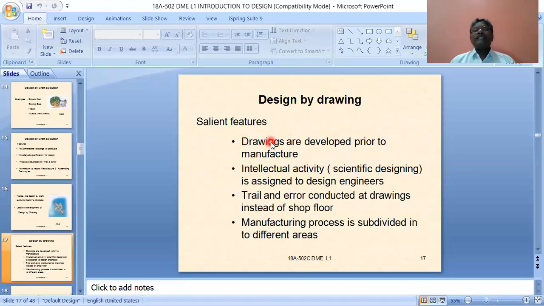The main salient features of design by drawing are that drawings are developed prior to manufacture. Intellectual activity, that means scientific designing, is assigned to design engineers. Trial and error are conducted on drawings instead of on the shop floor. The manufacturing process is subdued in different areas.